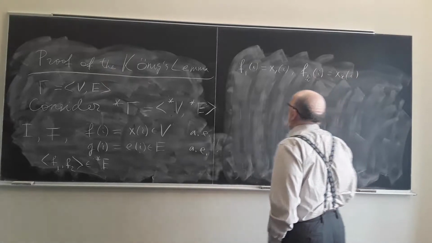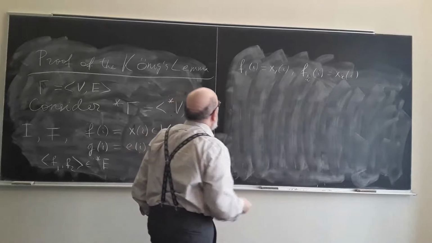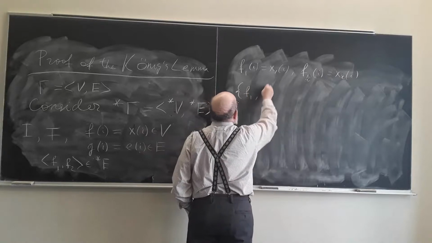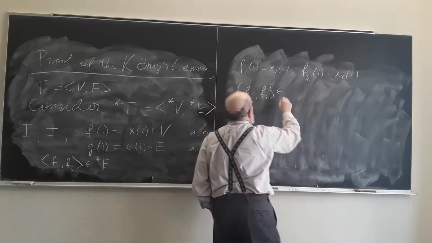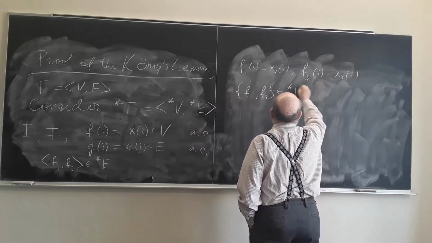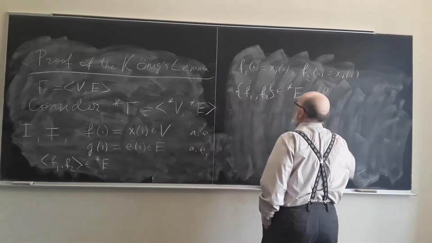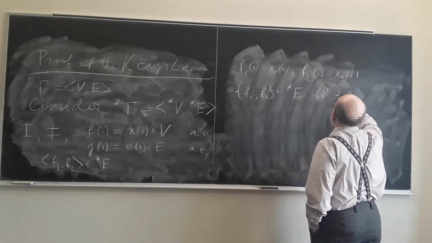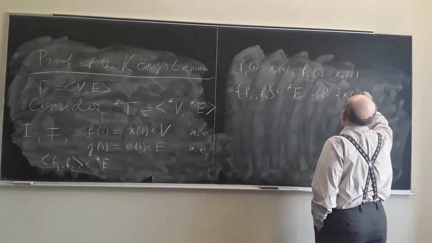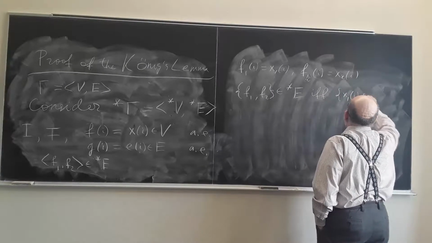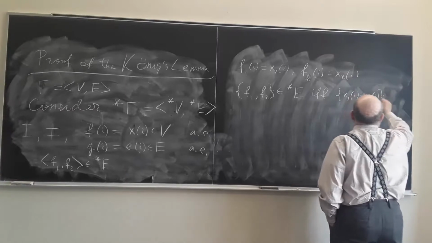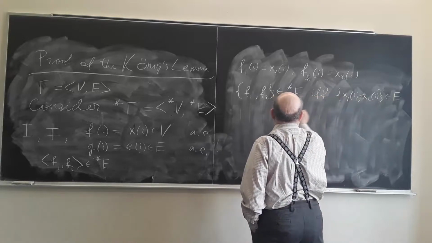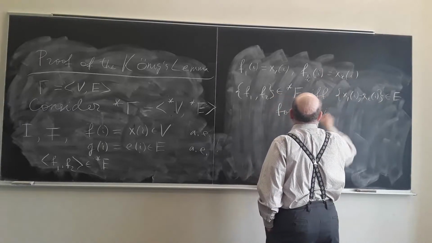So the pair f1, f2 belongs to star E if and only if the pair x1 of i and x2 of i belongs to E for almost all i.